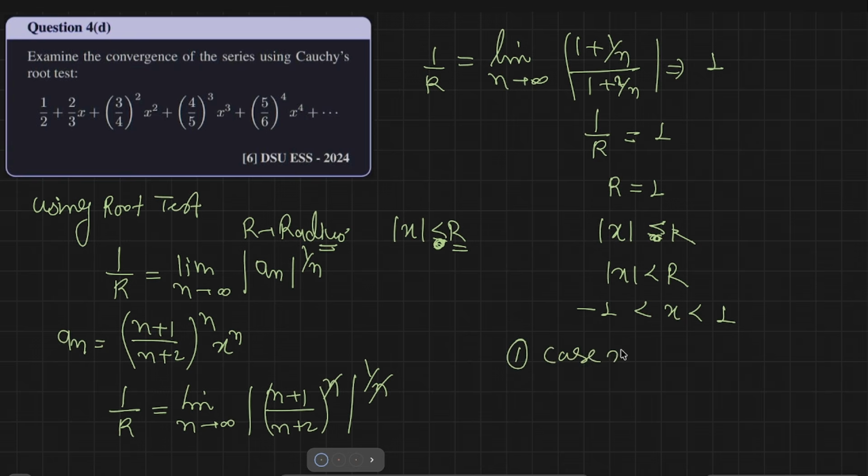Case 1: x equals 1. Put x equals 1 in the nth term. When you put it, a_n equals (n+1)/(n+2) to the power n times 1^n, so a_n is (n+1)/(n+2) to the power n. Once a power is there, you can use the Cauchy nth root test.